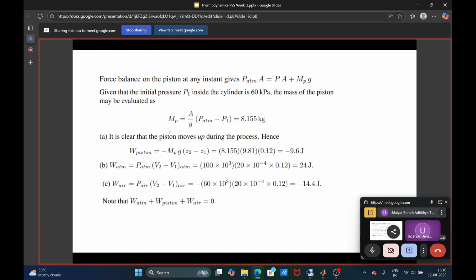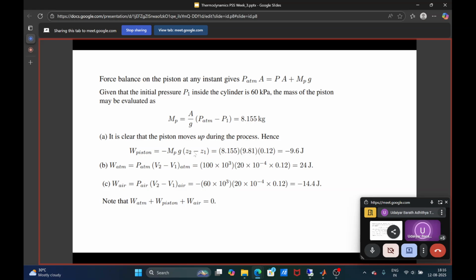Now we need to find the work done in each case. The work done by the piston is equal to the change in its potential energy, so mg times delta h, the upward movement, or z2 minus z1. Whatever work is being done on the piston, its potential energy is getting raised.